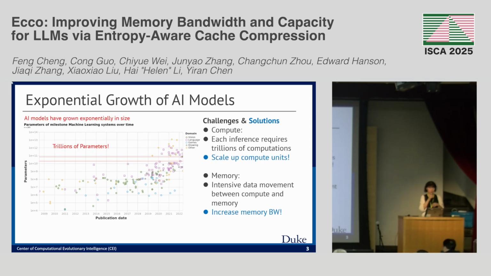I will introduce our motivation shortly. As the size of AI models has been increasing rapidly, running large models requires intensive data movement for the weights and also intermediate data.